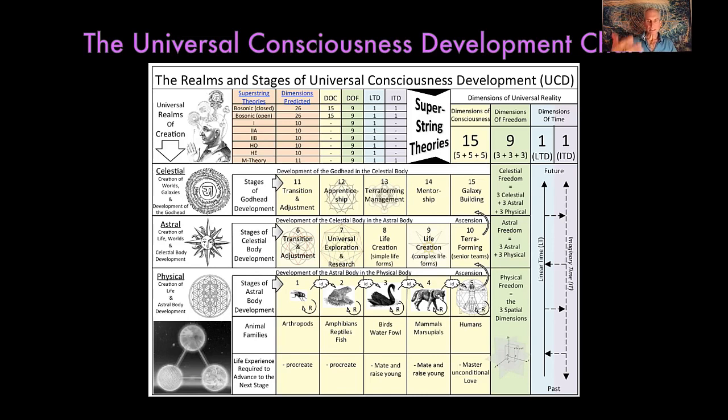Now, over the top of this, you have 15 dimensions of consciousness. And in the physical realm, the 15 dimensions of consciousness are the 5 physical senses, okay? So we can only have the 5 physical senses if we have a physical body. We have to have eyes to see, ears to hear, a tongue to taste, a nose to smell with, and fingers and skin that allow us to feel.